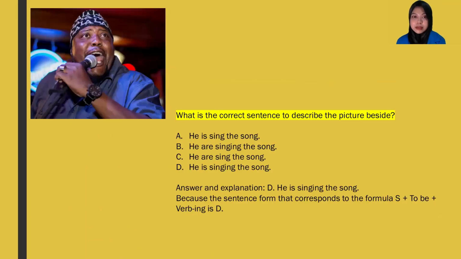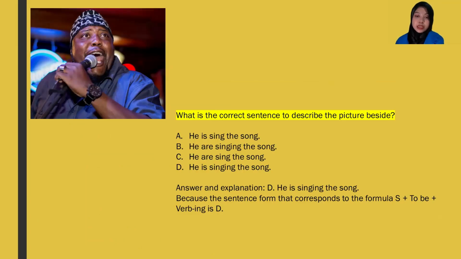And the last, what is the correct sentence to describe the picture beside? A. He is singing the song. B. He are singing the song. C. He are sing the song. And D. He is singing the song.